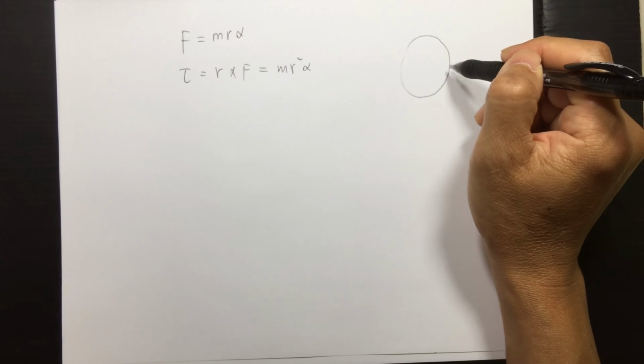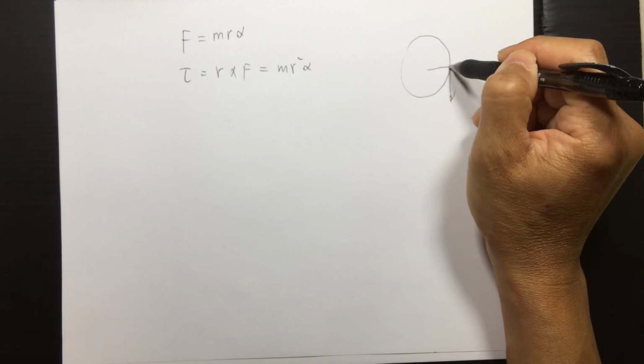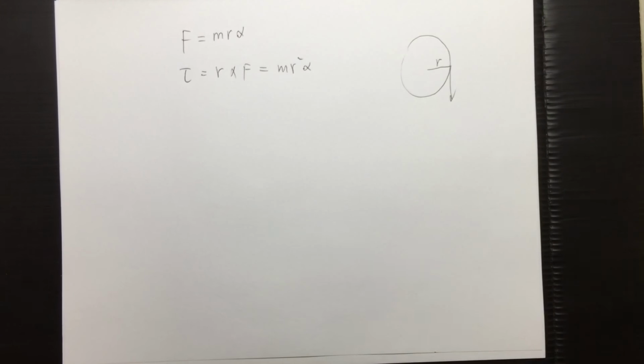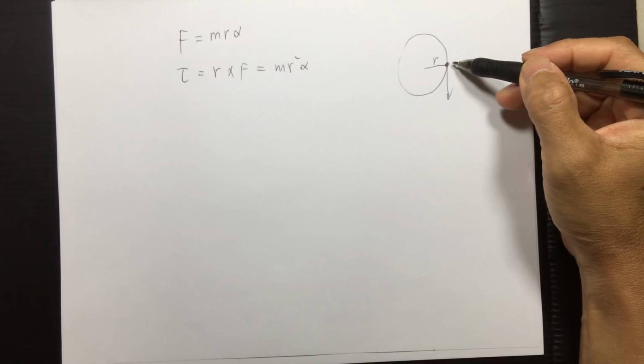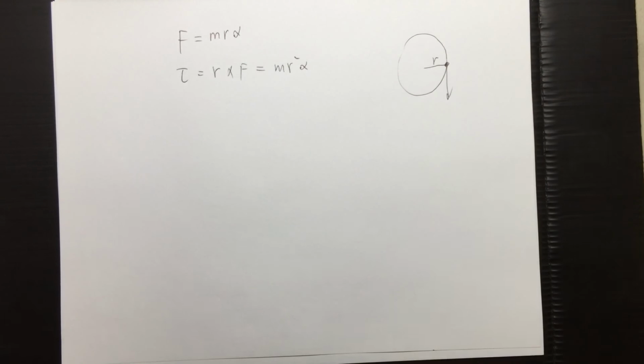Let's assume there's no angle, just everything perpendicular. You're putting a force perpendicular, and here's r, whatever. The mass is here. When you look at that little bit of movement, now look at this.